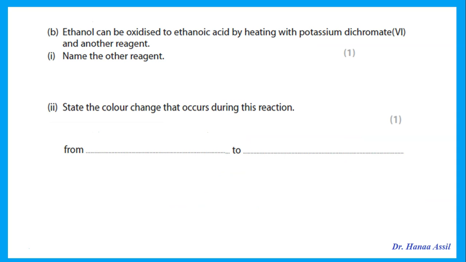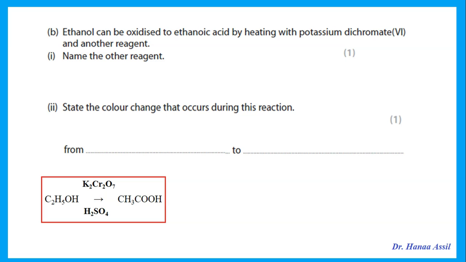Ethanol can be oxidized to ethanoic acid by heating with potassium dichromate and another reagent. How do we change an alcohol to an acid? Remember, to change ethanol to ethanoic acid, we have to heat it with potassium dichromate and concentrated sulfuric acid.